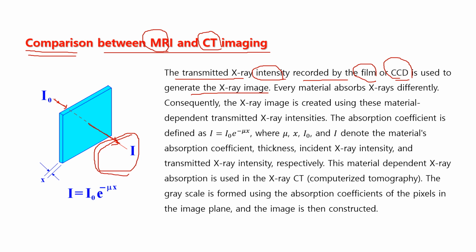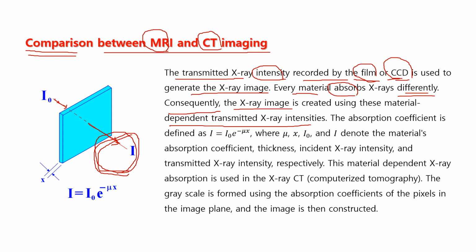For imaging, we use the film or CCD to detect the intensity of transmitted X-ray. Every material absorbs X-rays differently. Consequently, the X-ray image is created using these material-dependent transmitted X-ray intensities.